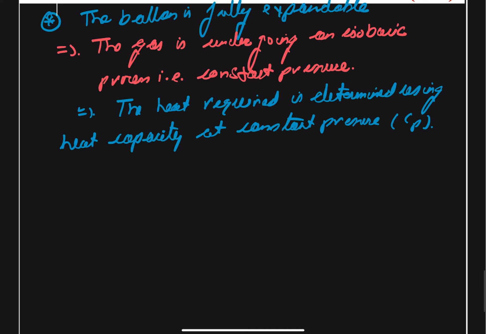And we also know that helium is monatomic, so therefore the heat capacity, that is the value of Cp, will be equal to 5 by 2 times R.